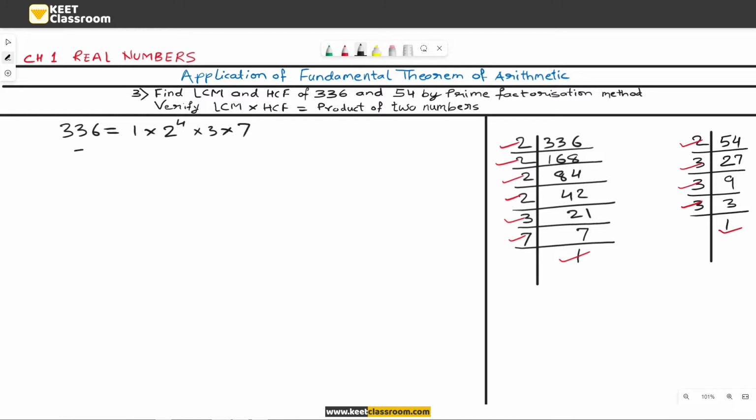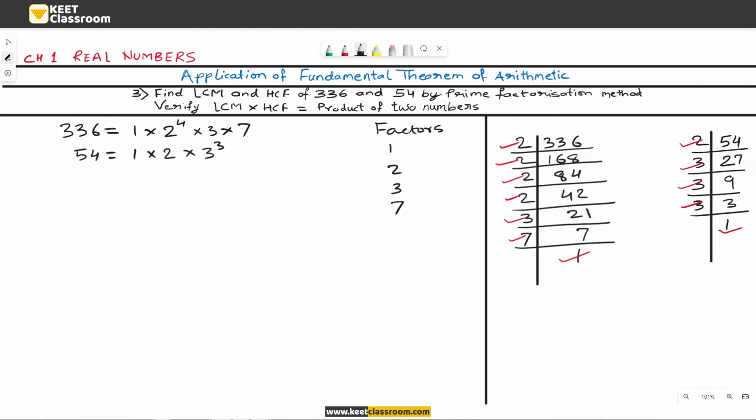Now the factors of 54. They are 1 into 2 into 3 times 3, that is 3 raised to 3. Now when you look at the overall factors, we will make a list of it. It is 1, 2, 3 and 7.